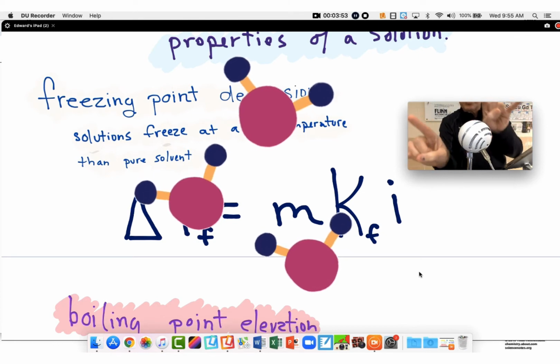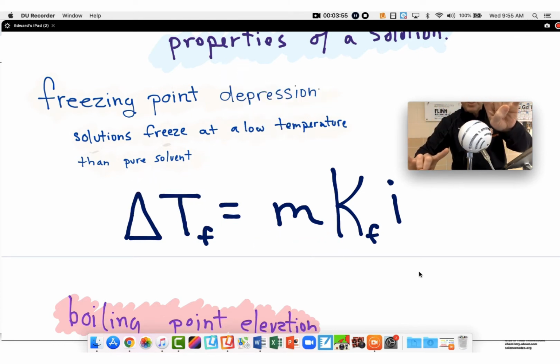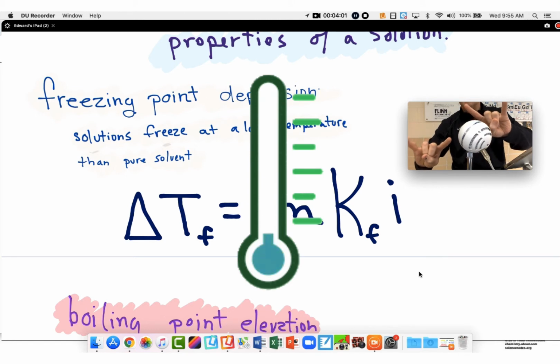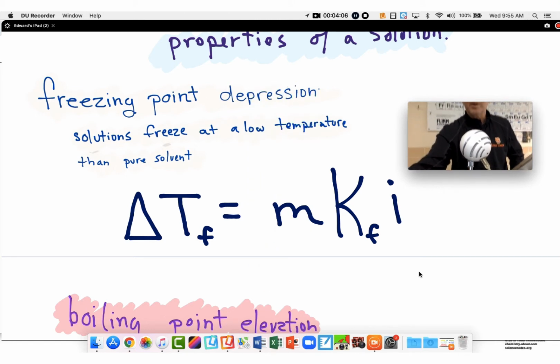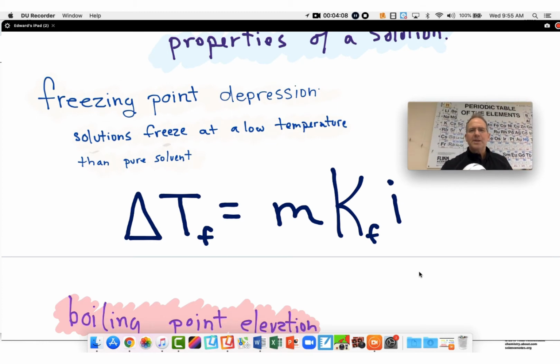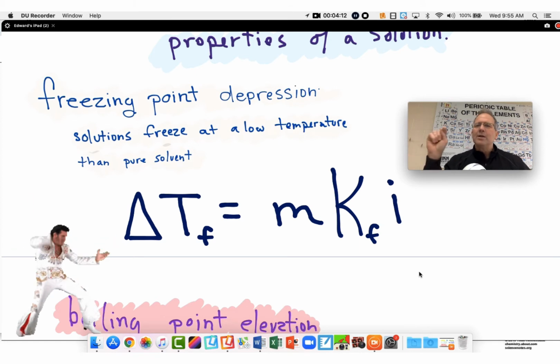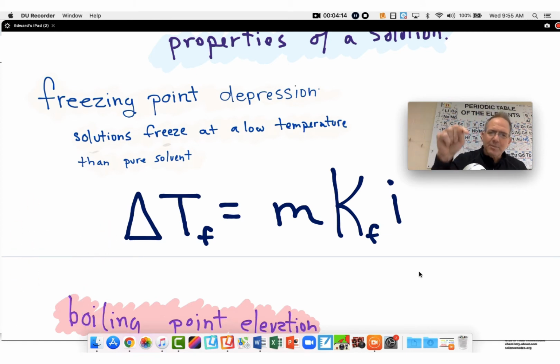And since those particles are in the way, the temperature, which is the speed of the particles, has to drop lower and lower until it can form that crystal structure that it wants. So it's interference. The more particles in the way, the lower the temperature has to be.